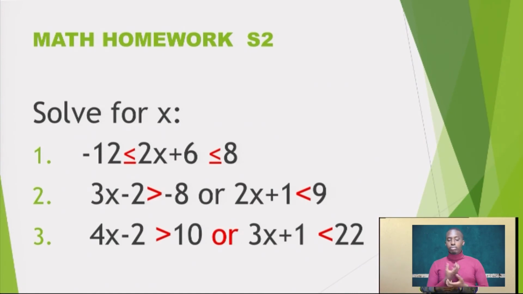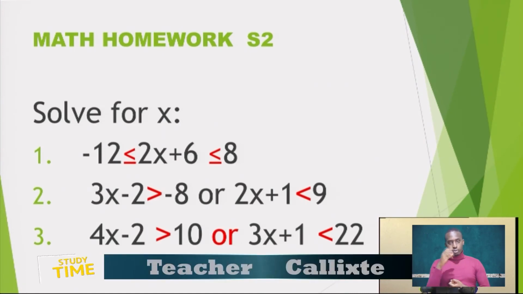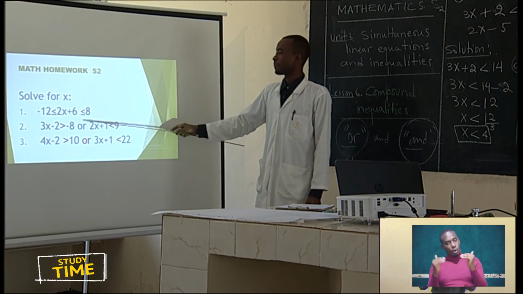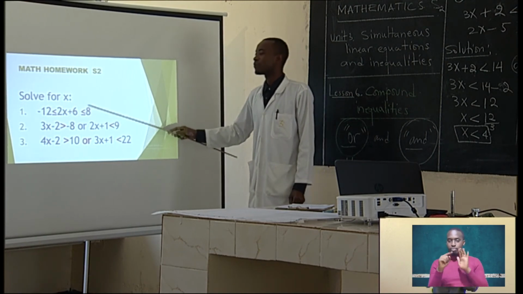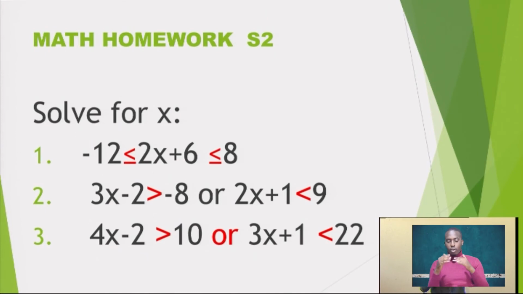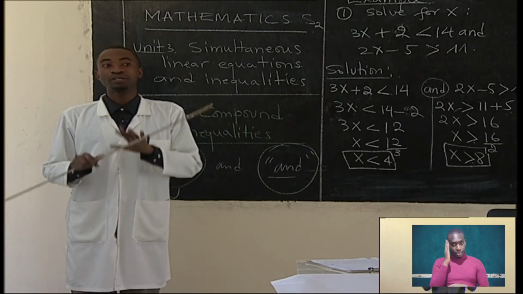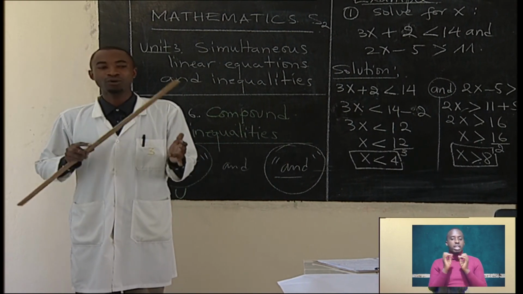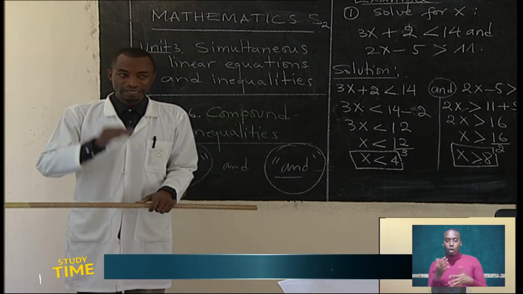We have solve for x. Negative 12 is less than or equal to 2x plus 6 and less than or equal to 8. Here we don't have any word that they told us. When we don't have and or or, you have to know that you will deal with the word and. Whenever we don't have and or or, you have to use the word and.